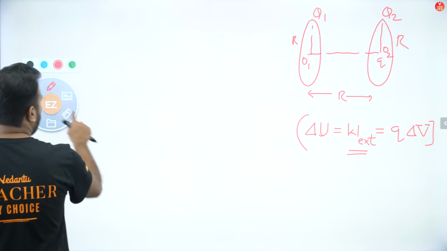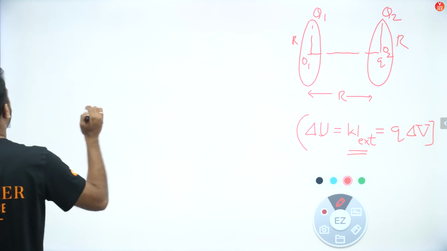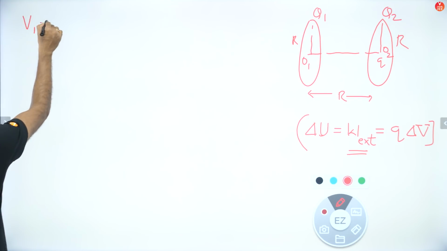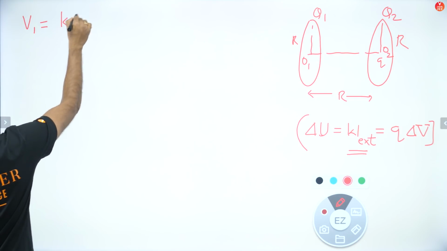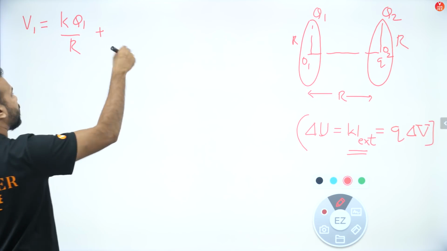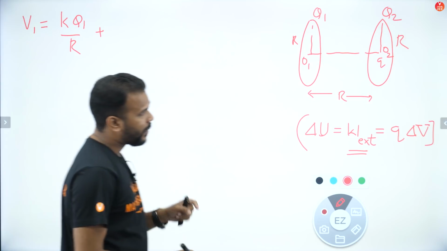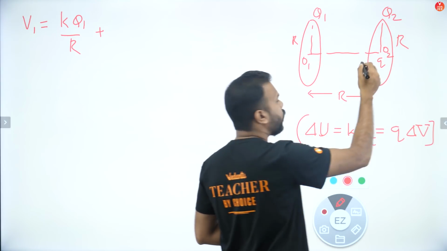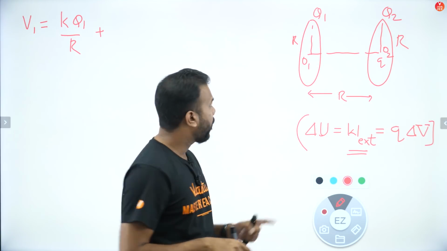Let's first write down the potential of the first ring. Let's call it V1, and that will be K q1 by r because of its own charge. But there is the surrounding charge of the other ring: the entire charge q2 lies on the periphery of that ring.